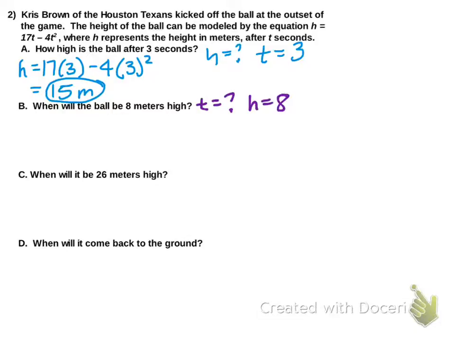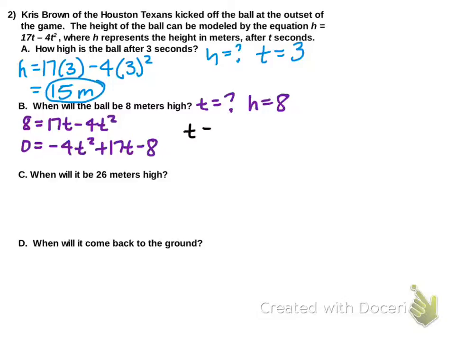So I'm going to plug in 8 for h. So I have 8 is equal to 17t minus 4t squared. Again, I'd have to solve that, so I have to have 0 over here. So I have negative 4t squared plus 17t minus 8, moving 8 over. Quadratic formula here.